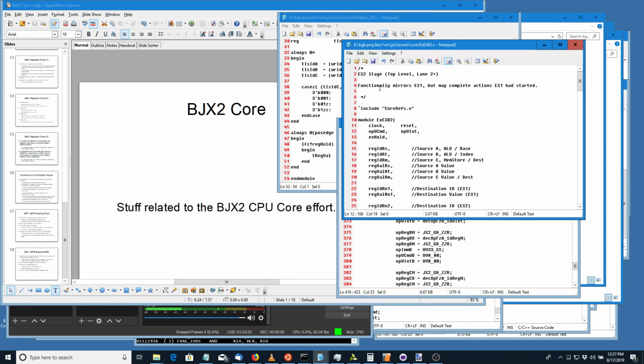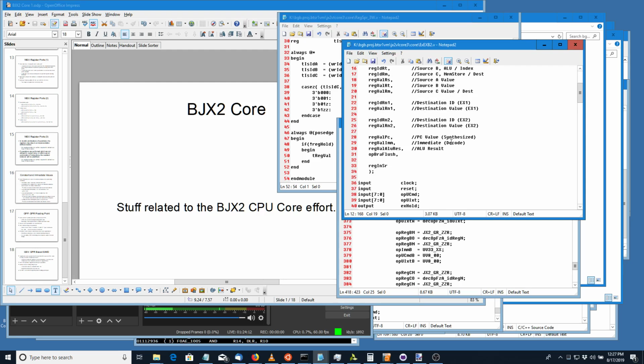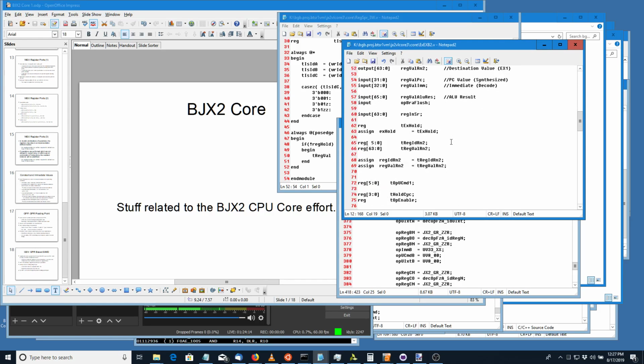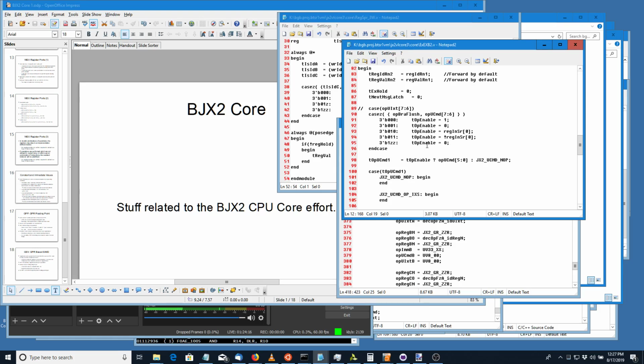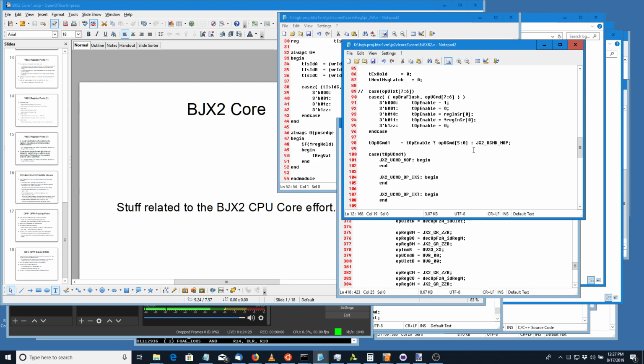As noted, also in the case of WEX, lanes 2 and 3 tend to use alternate versions of the EX1 and EX2 stages than are used in the first lane. This is primarily to deal with the logic, or what can be done in the second and third lanes, being considerably more restricted than what can be done in the first lane.